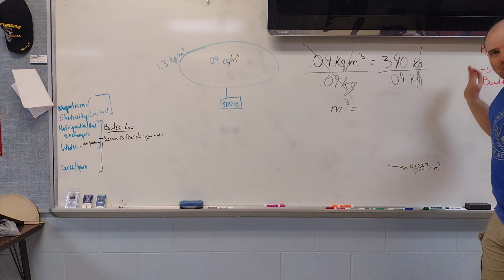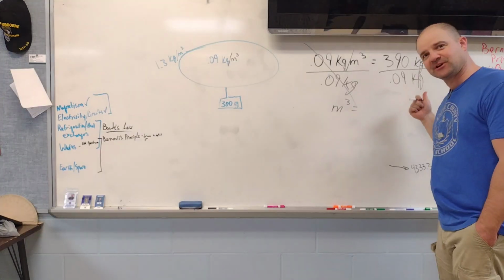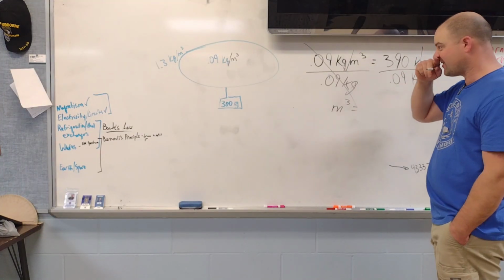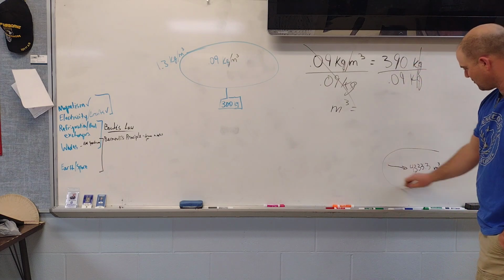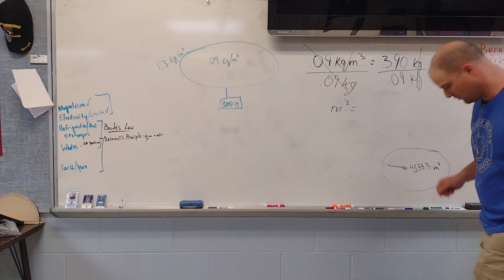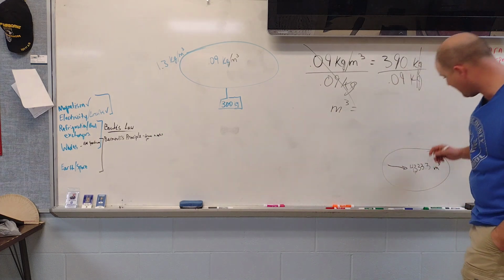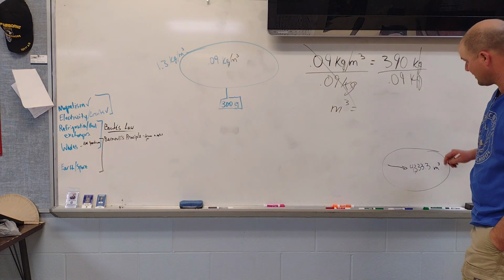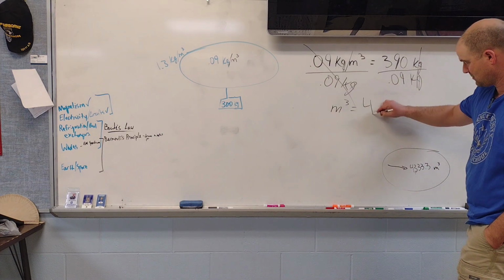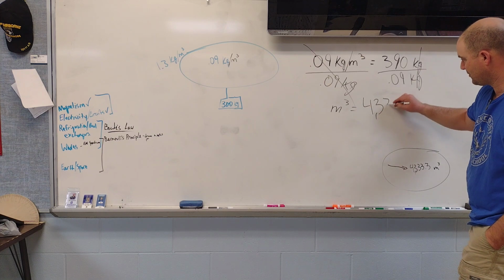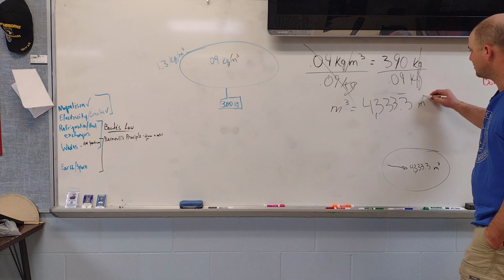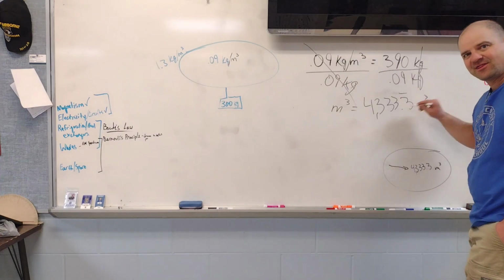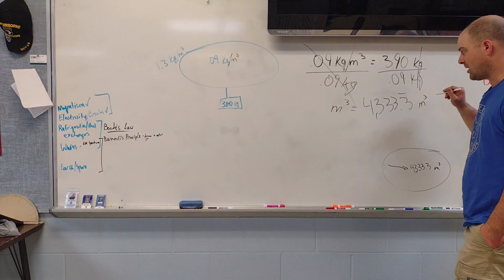The kilograms go away, which is good because we're not looking for kilograms, we're looking for our volume. And we do the math, and I had it written here for me, so I didn't have to remember. We get 4,333.3 repeating cubic meters. That much hydrogen.